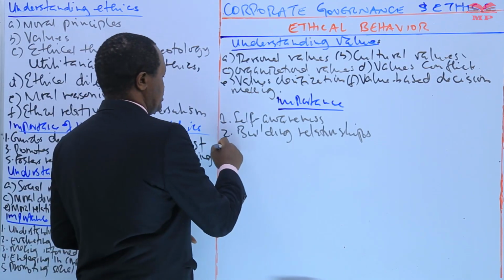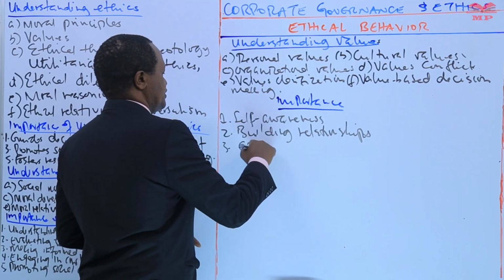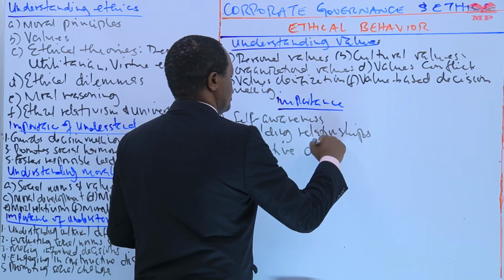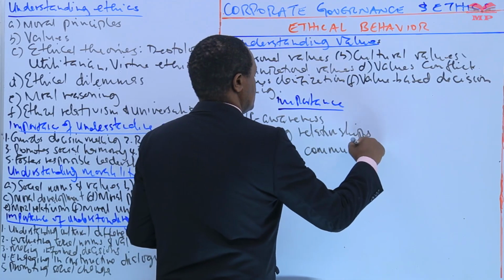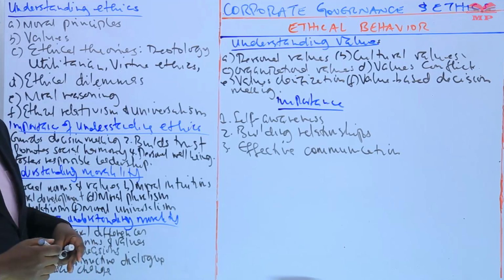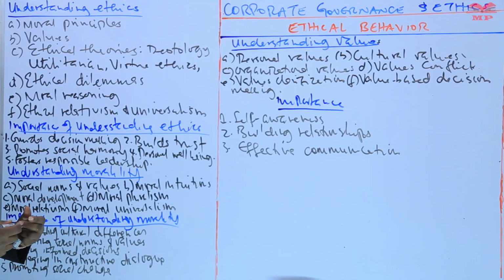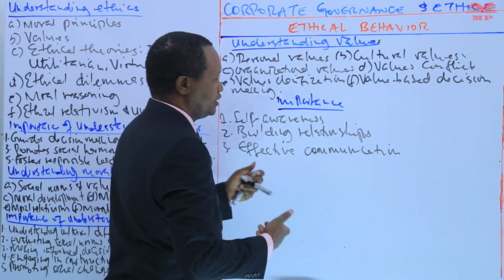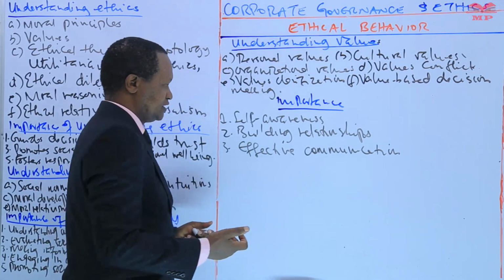Three, effective communication. Understanding the values of others can help us communicate more effectively, and it can also help avoid misunderstandings.